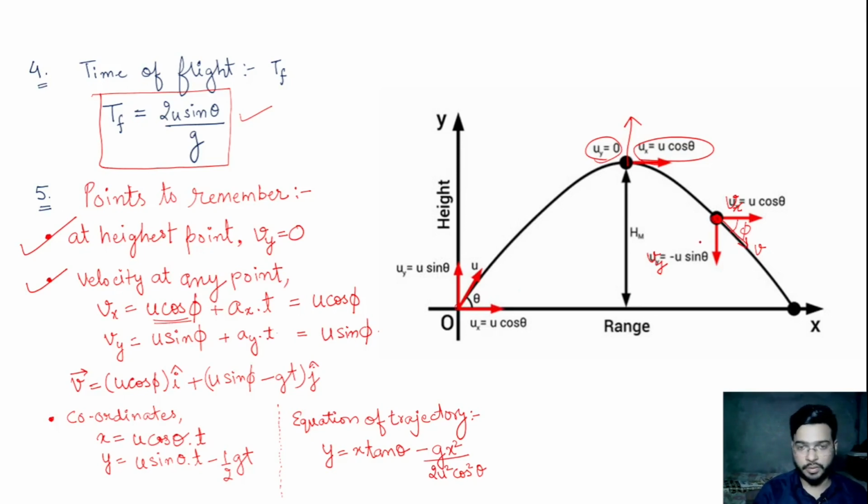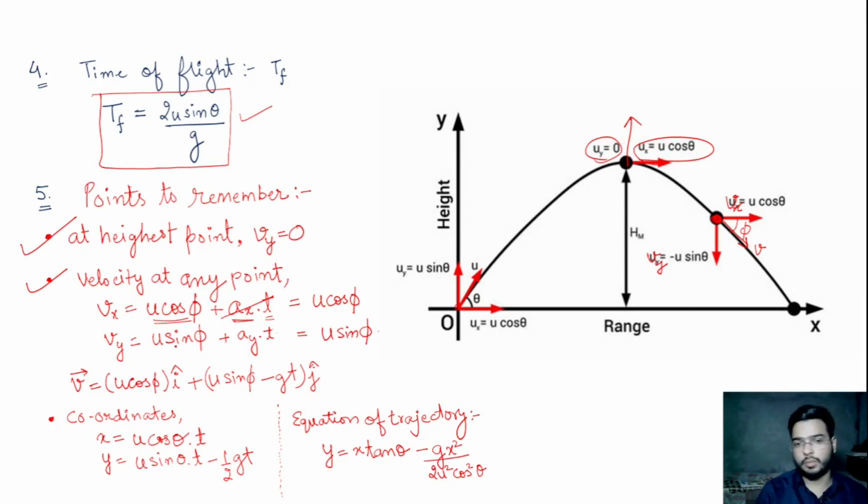That is why phi and theta are different. And this one is ax and t. t is the instantaneous time, not the time of flight. So we can say that ax is equal to 0, so this component is cut, so your Vx is equal to u cos phi. Now calculating Vy, Vy is u plus at. We can also use this formula.